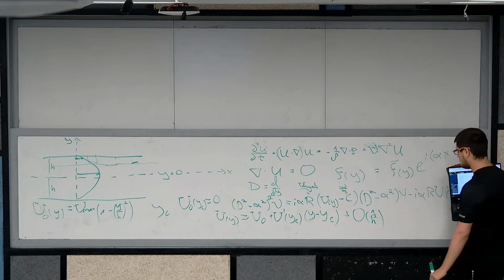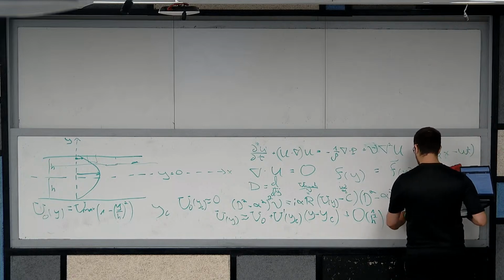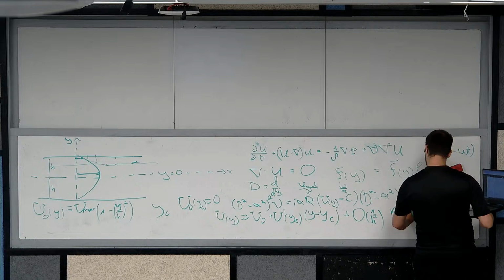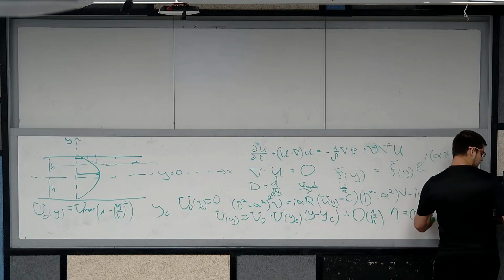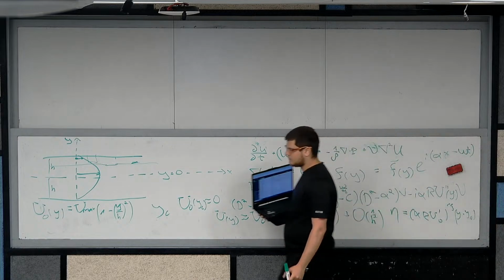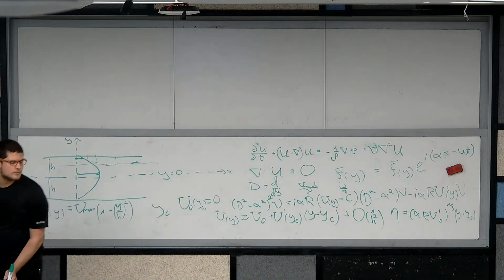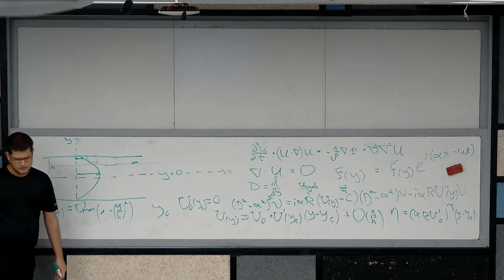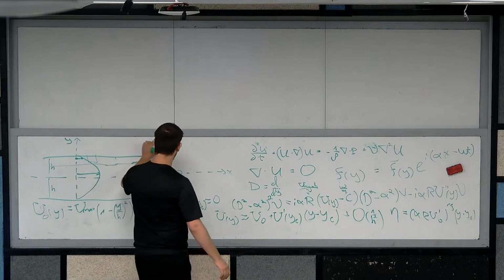And from choosing some unitless coordinates of the problem, we will call that eta, still alpha r u prime 0, to the third, y minus yc. We end up from that with an equation that is very simple.